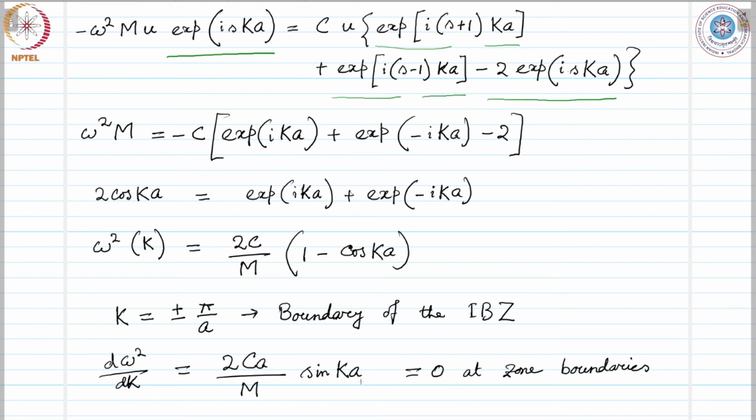Sine pi equals 0, sine minus pi is also 0. The spatial significance of phonon wave vector that lies on the zone boundary, we will look at that now.